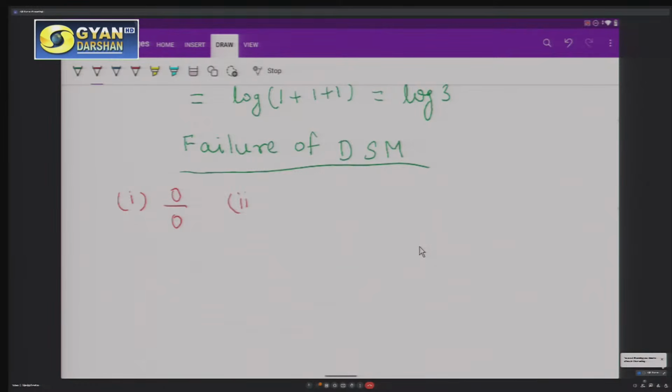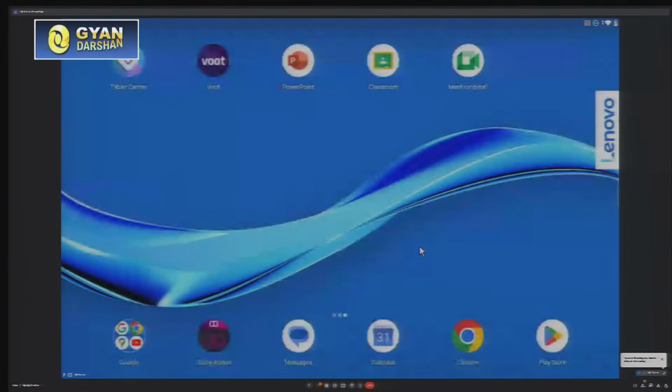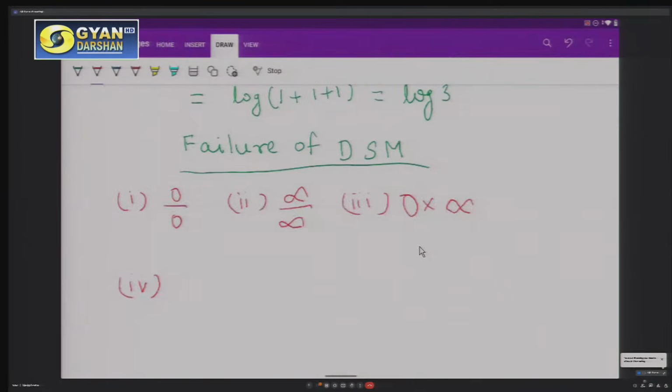The second case may be that it is coming out as infinity upon infinity. Third case may be it is coming out as 0 into infinity. Fourth case may be that it is coming out to be infinity minus infinity.